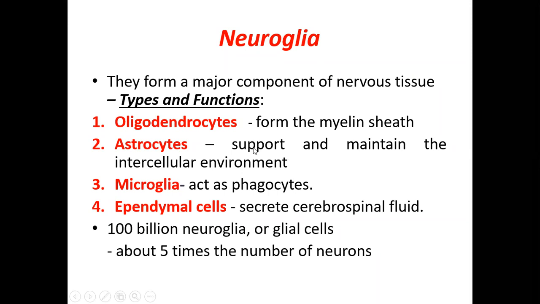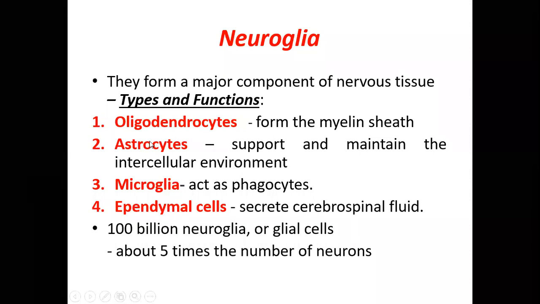Then we have astrocytes. They will support and maintain the intercellular environment of the main neuron cells. It has to be maintained regularly as well as supported. Then we have small cells called microglial cells.